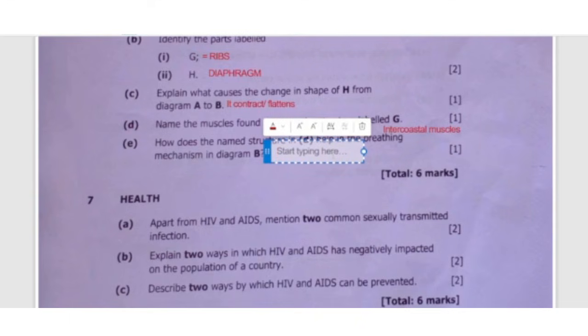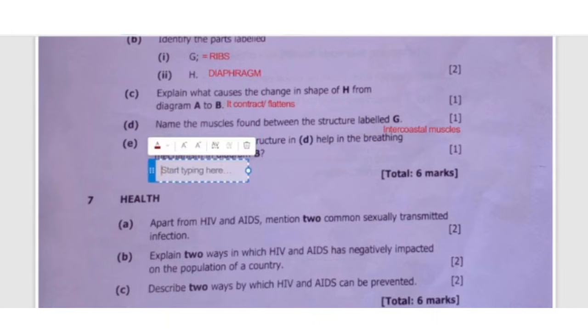It contracts to raise the rib cage during inspiration. So it contracts and lifts the rib cage during inspiration. Let me drag this down here.